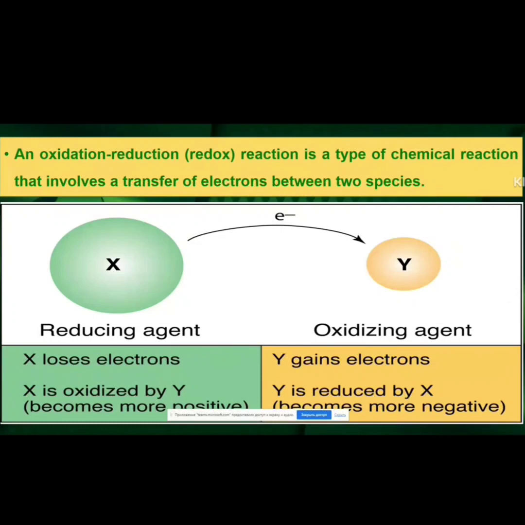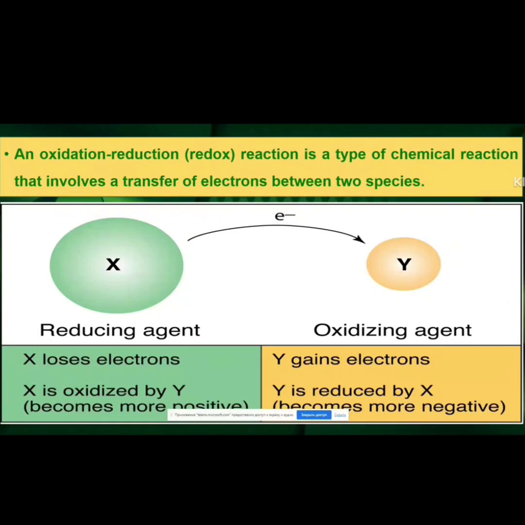You see this X and Y. X gives his electrons to Y. This is X, and this is Y. If you remember, we were talking about electronegativity. So, electronegativity is able to attract electrons of another atom.